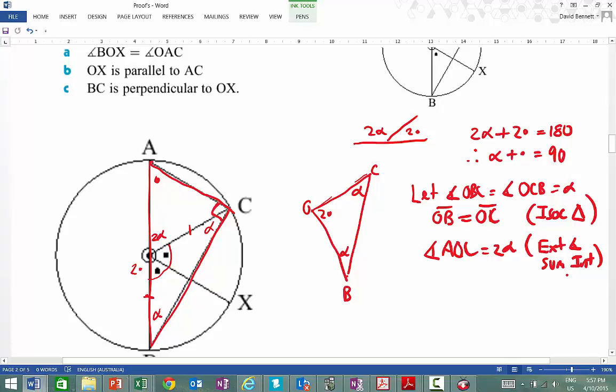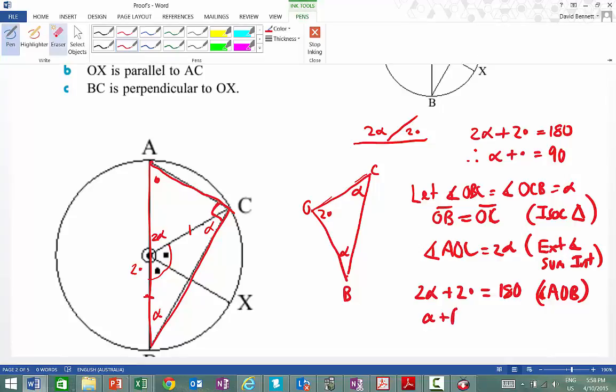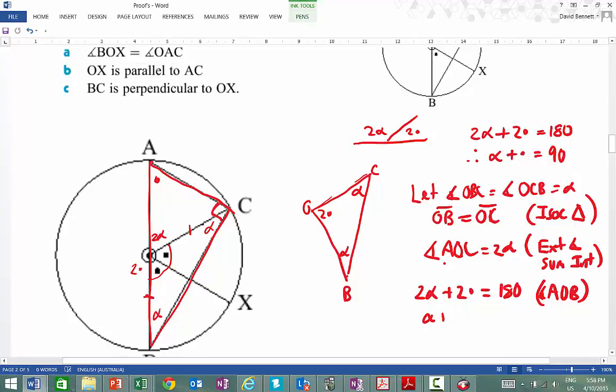And so therefore, we know that 2 alpha plus 2 dots equals 180 degrees, angle AOB. So therefore alpha plus dot equals 90 degrees.